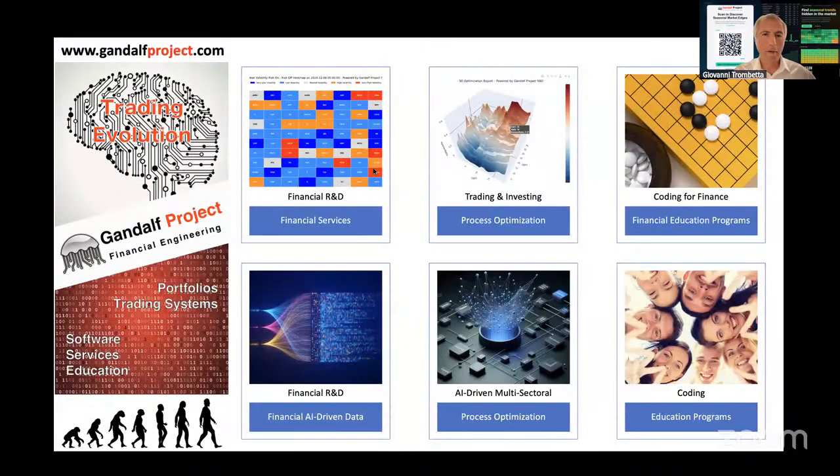So just a few words about what Gandalf Project is. Gandalf Project is an Italian fintech company based in Italy. We are working in the application of artificial intelligence to the financial markets in general. Overall, we operate at the intersection of finance, technology, AI, the hype of these years, combining data science, engineering, and financial expertise. As you can see, our core activities can be grouped into a few areas.